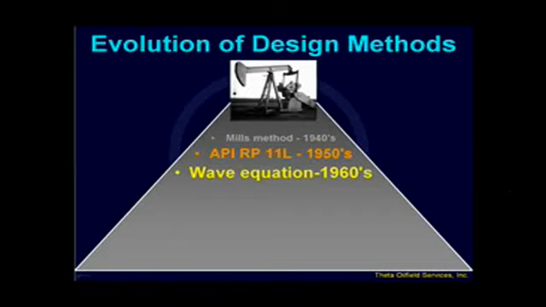The wave equation was very accurate, but it was also very difficult to use, and that's why when the RODSTAR program was released in early 1990, it was a revolutionary program because it allowed the user to enter their target production, and then it could automatically calculate the pumping speed required and the plunger size to get the target production.